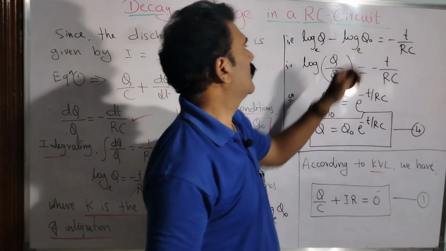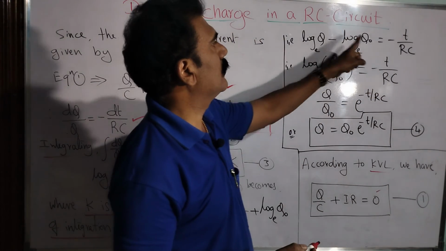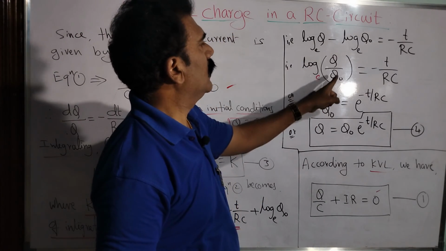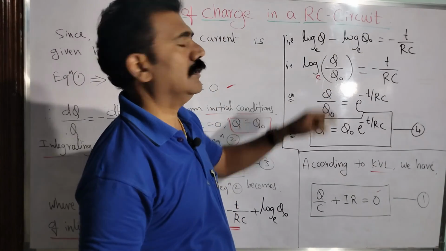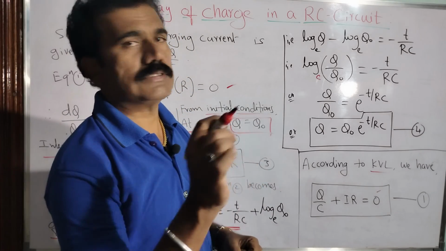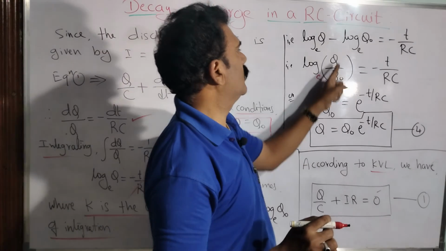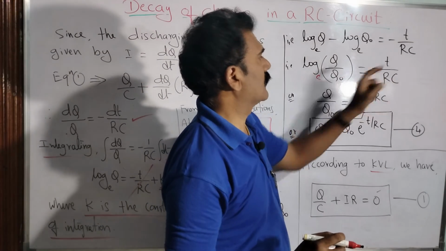After applying the identity, you get log e of q by q naught is equal to minus t by RC.